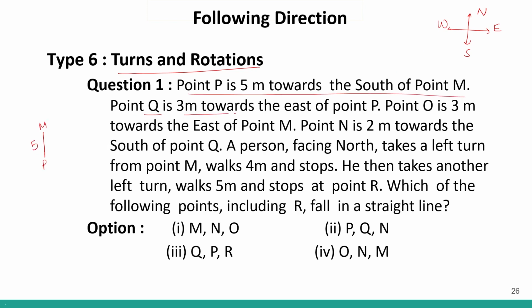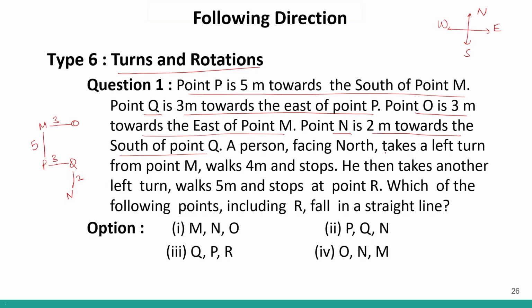Point Q is 3 meter towards the east of point P. Point O is 3 meter towards the east of point M. So O is again 3 meters towards the east of point M. Point N is 2 meter towards the south of point Q. So from Q, 2 meters south will give me point N.